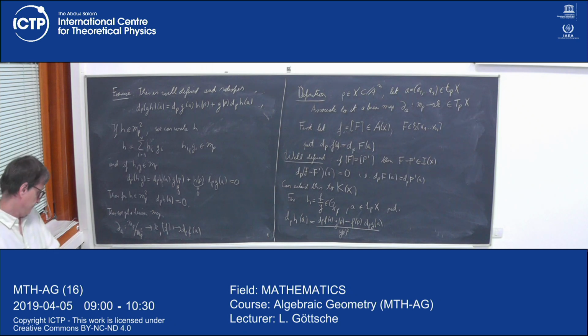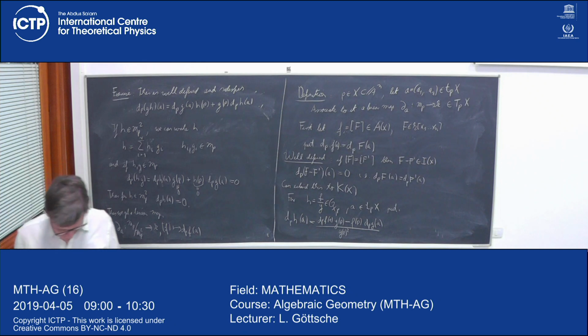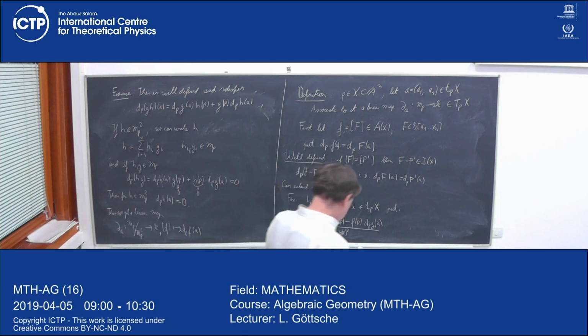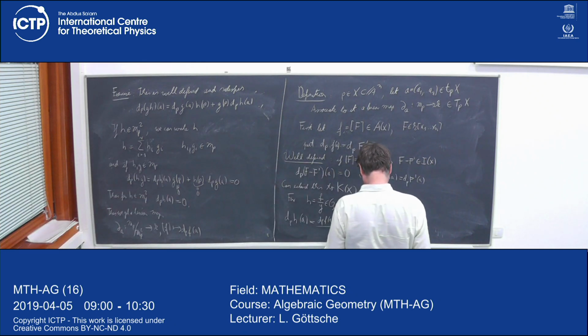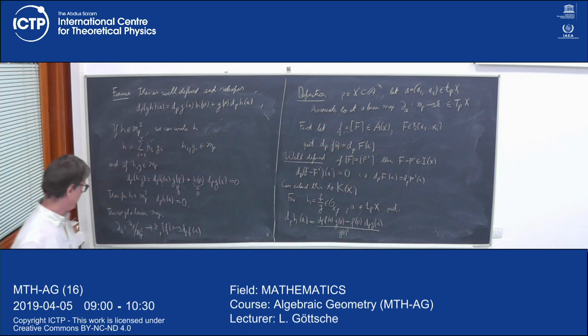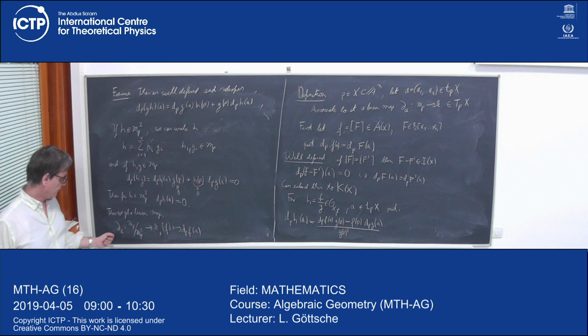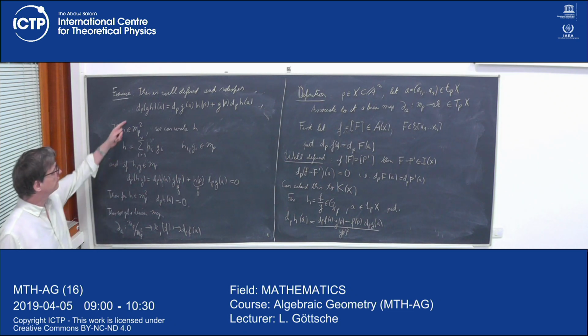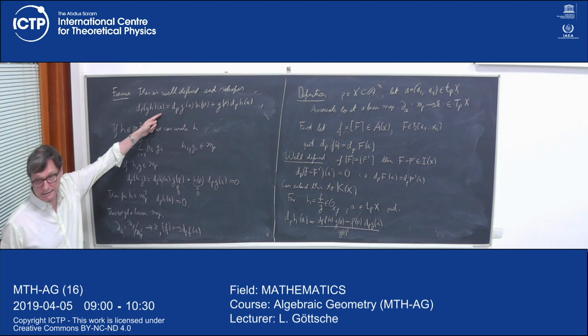So this is the map, and by definition the map which sends A to d A is a linear map, because this thing depends linearly on A.